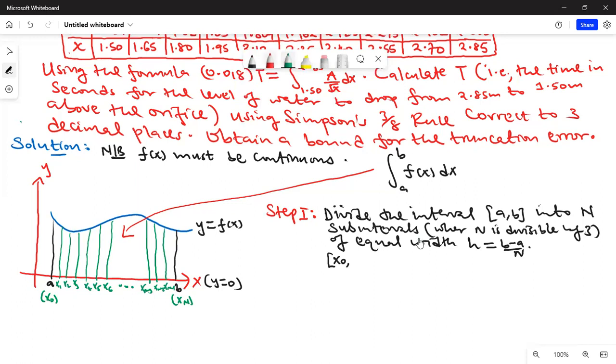So our subintervals are from x0 to x3. We are picking 3 at a time. So the first 3 strips, from here all the way up to here, so that you approximate the integral in this region. The first 3 strips from x0 to x3. Another one is from x3 to x6.